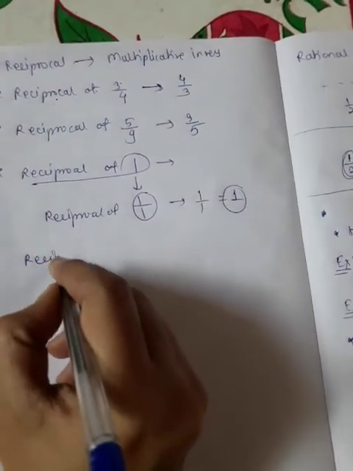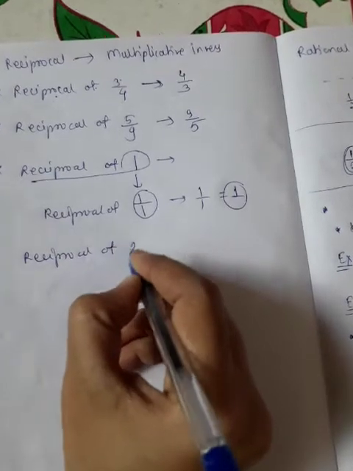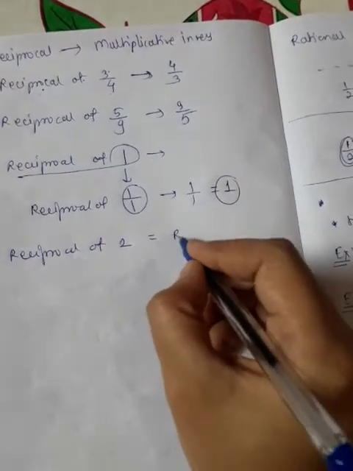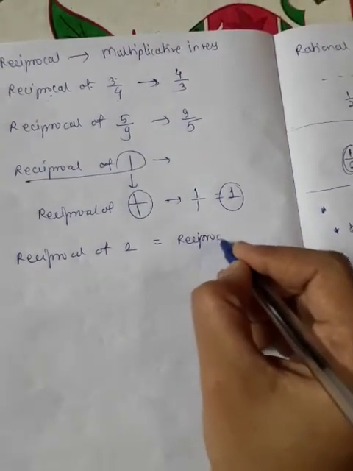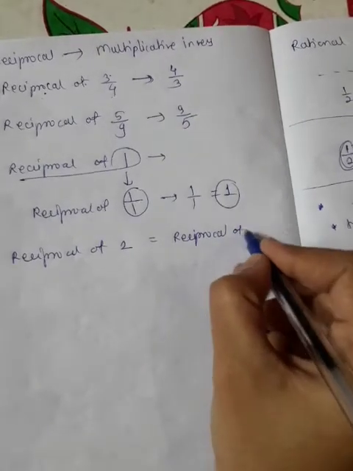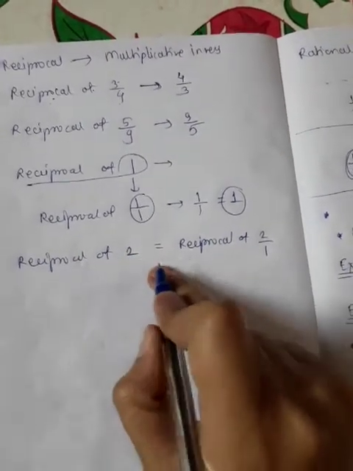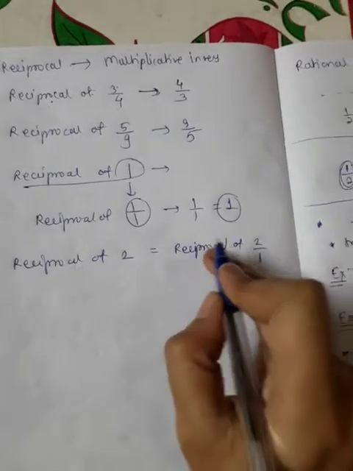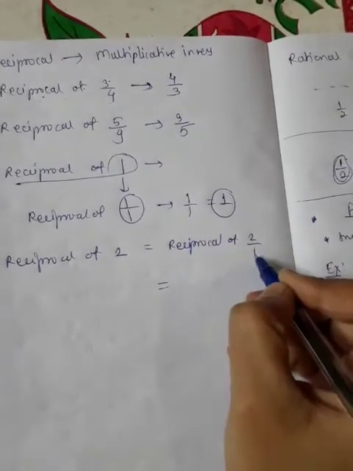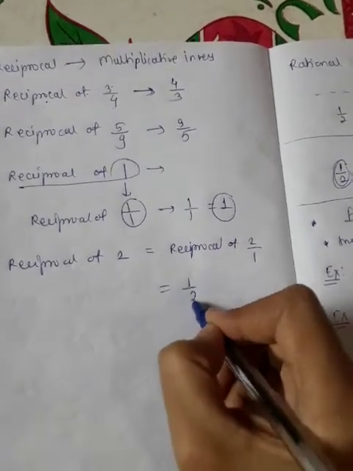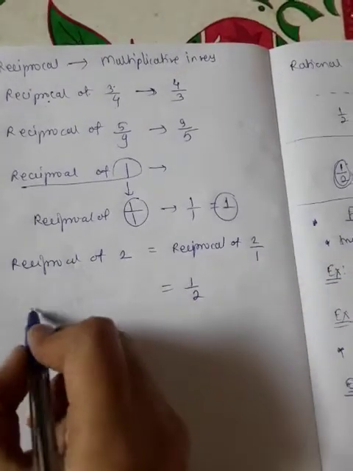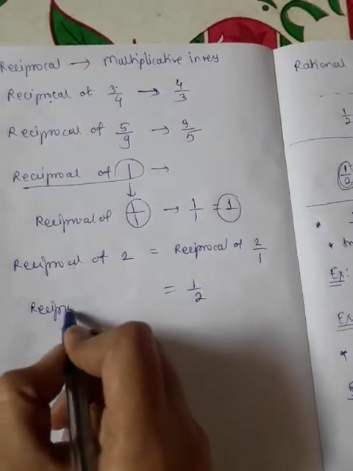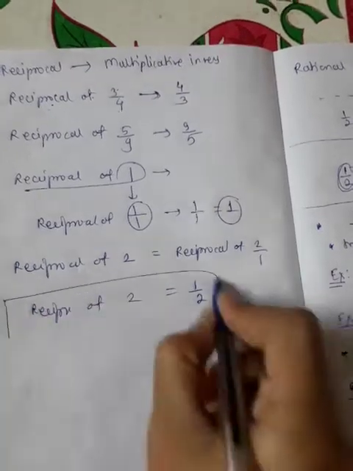So the reciprocal of 1 is 1. Now the reciprocal of 2. First we write 2 in the form of a fraction. So 2 can be written as 2 by 1. So the reciprocal of 2 is nothing but the reciprocal of 2 by 1, and we know how to find the reciprocal. Just interchange numerator and denominator. So what we get is 1 by 2.